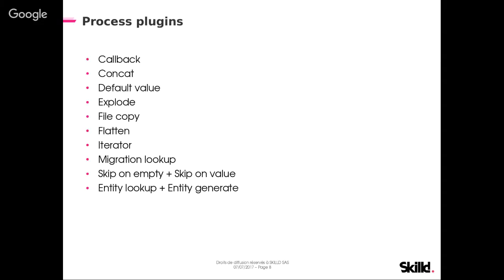Entity lookup plus entity generate allow you to generate needed entities while you have not yet generated the main entity. So basically, if you are importing into some content type that has references to some taxonomy terms that you need to create, or to some paragraphs that you also need to create, then entity lookup plus entity generate will allow you to do that.